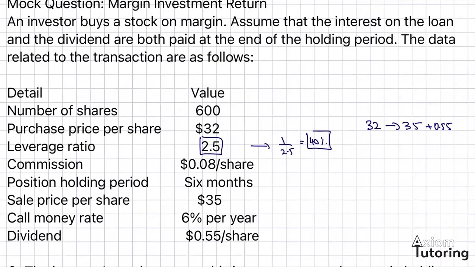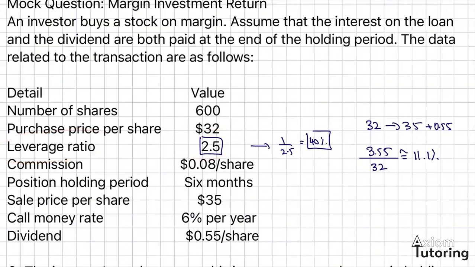So you got an extra $3.55 on your $32 investment. If I pull out a calculator, I find that 3.55 divided by 32 gives me approximately 11.1%. And now immediately, if I didn't have any commission or anything of that sort, I know that the leverage ratio amplifies that.